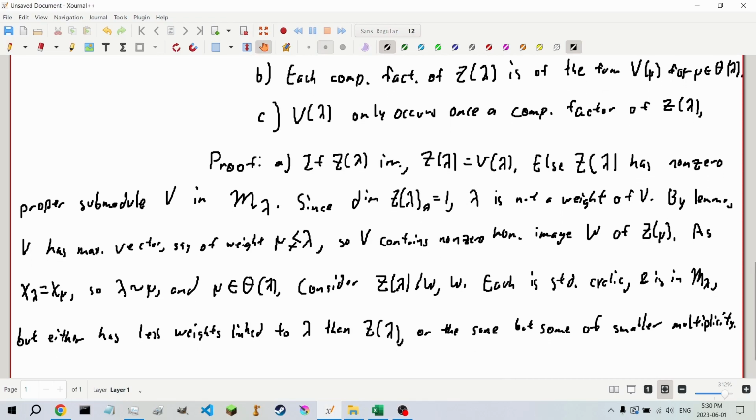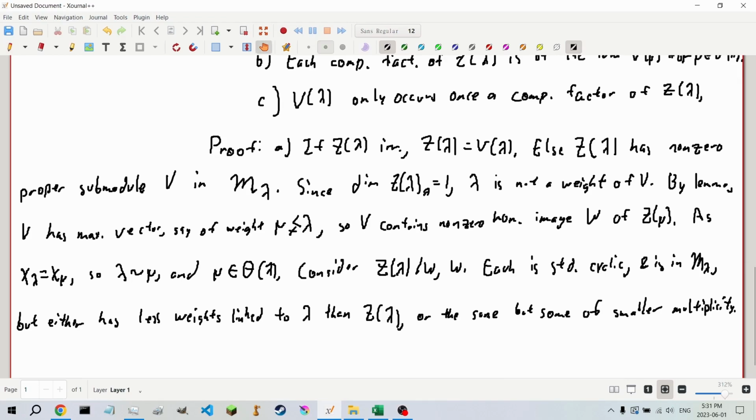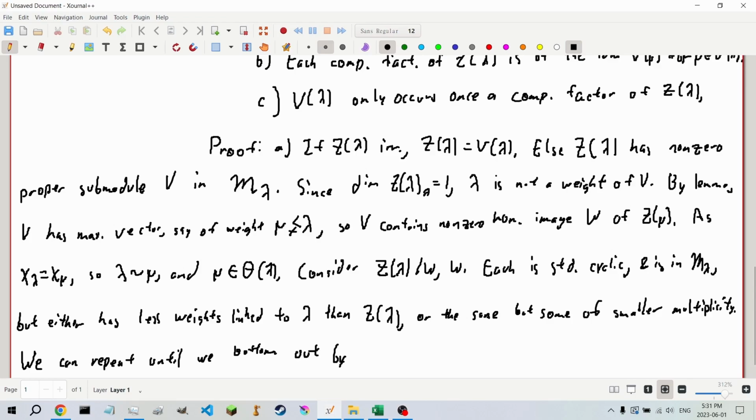And so we can repeat the above argument for Z lambda over W and W. So we can repeat until we bottom out by finiteness, which gives a composition series.